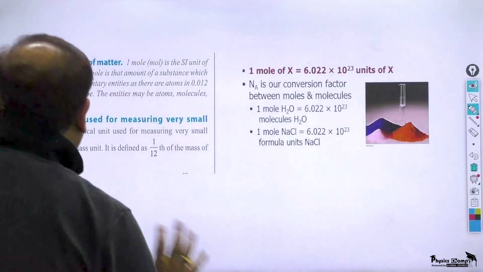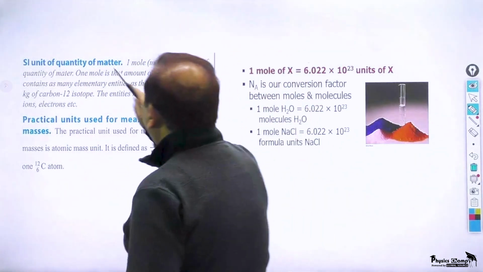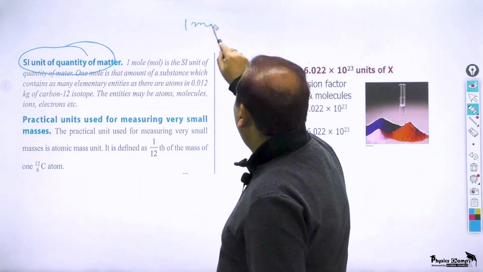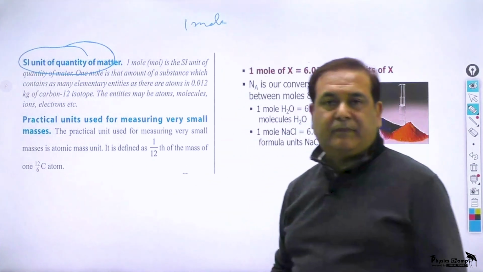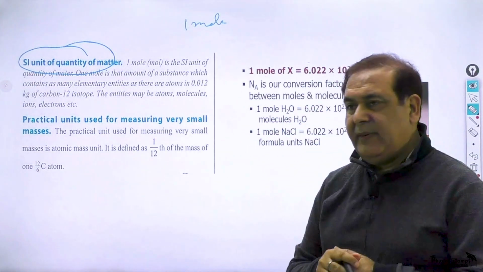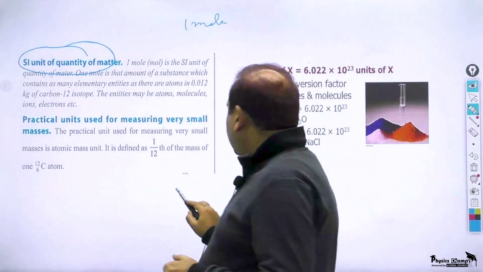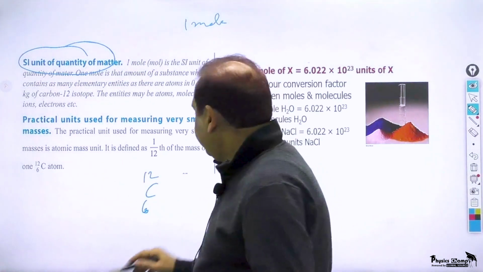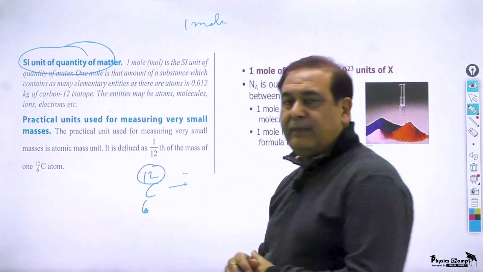Now let's define another unit, which is the SI unit for quantity of matter, 1 mole. In carbon C-12, the atomic mass is 12.